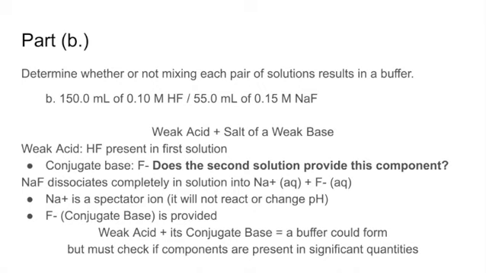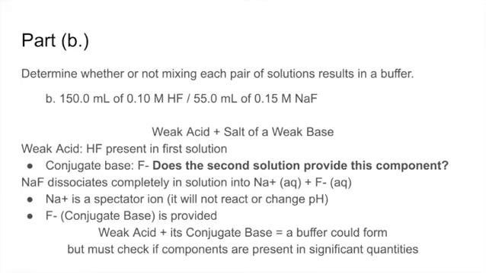The salt NaF dissociates completely in solution into Na+ aqueous and F- aqueous. Na+ is a spectator ion, so it will not react or change the pH. F- is in fact the conjugate base of HF, and it is provided. So therefore, a weak acid and its conjugate base is provided in the mixture, so a buffer could form.